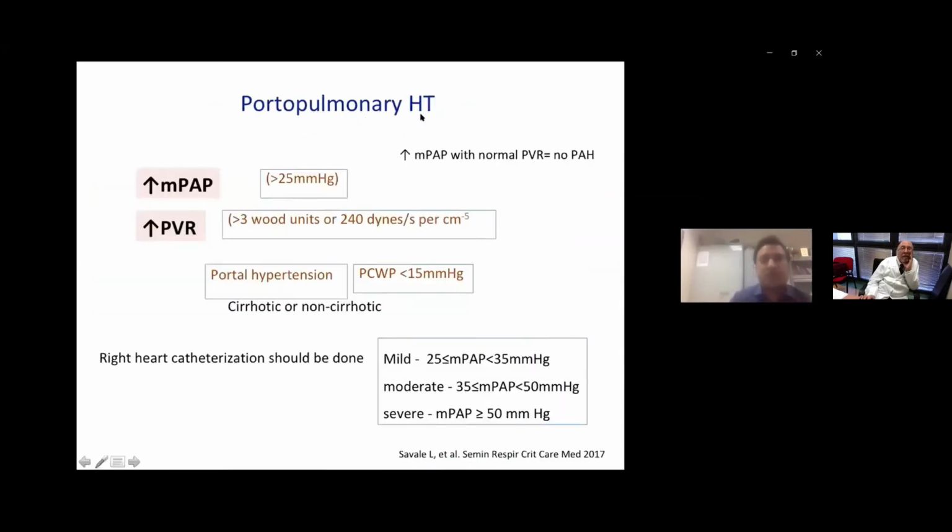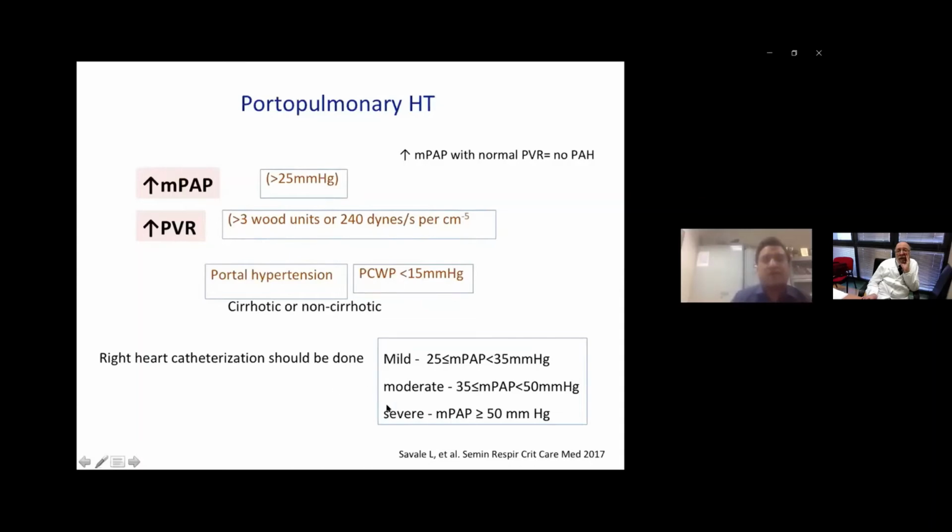So portopulmonary hypertension is defined by a mean pulmonary artery pressure of more than 25 millimeters of mercury, along with increased pulmonary vascular resistance of more than 3 Wood units or 250 dynes per centimeter to the fifth. Both these parameters should be there to call it portopulmonary hypertension, and the pulmonary capillary wedge pressure should be less than 15 millimeters of mercury. The patient need not have cirrhosis; it may be seen even in patients with non-cirrhotic portal hypertension.